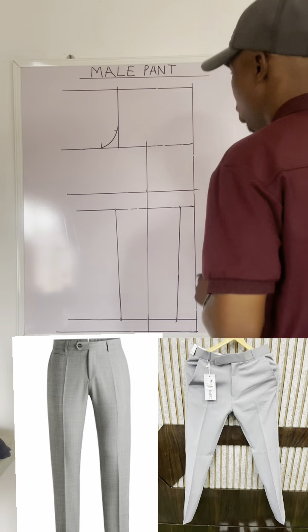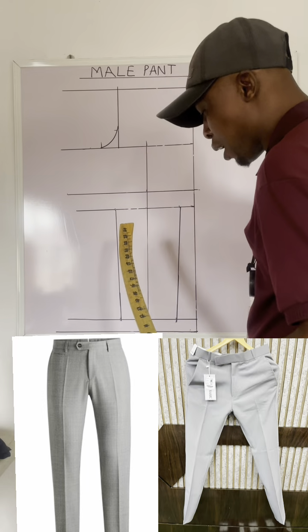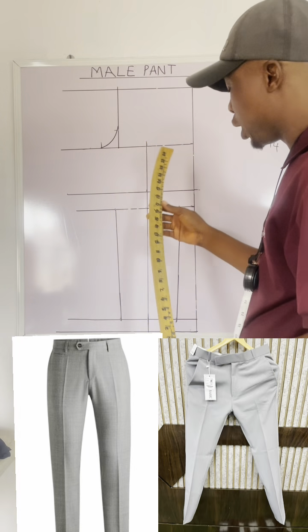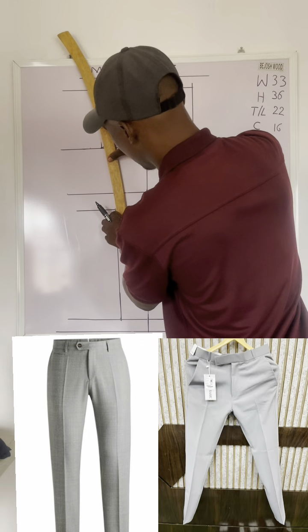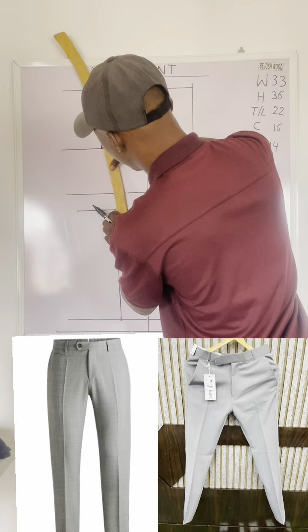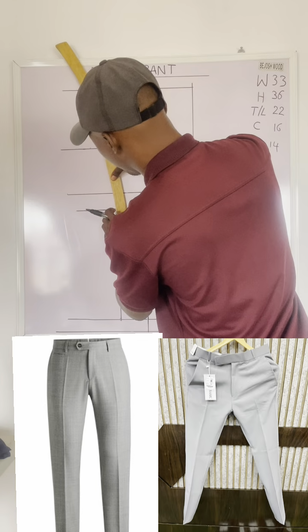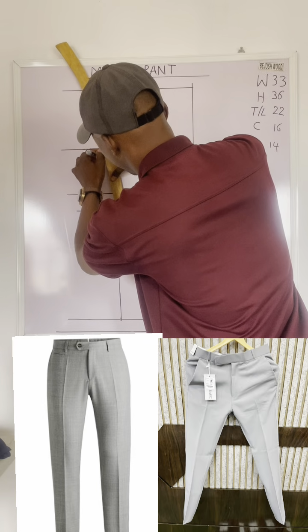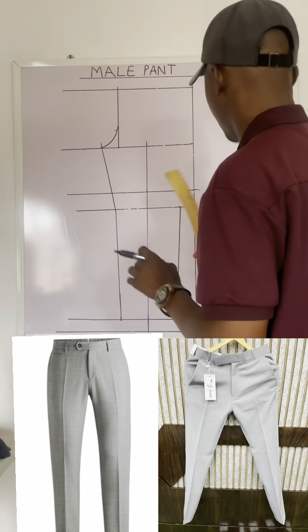Next, we want to connect the other points. If you have a hip ruler, you can use your hip ruler to connect these points. But if you don't have a hip ruler, you can use your normal ruler as well to connect them.